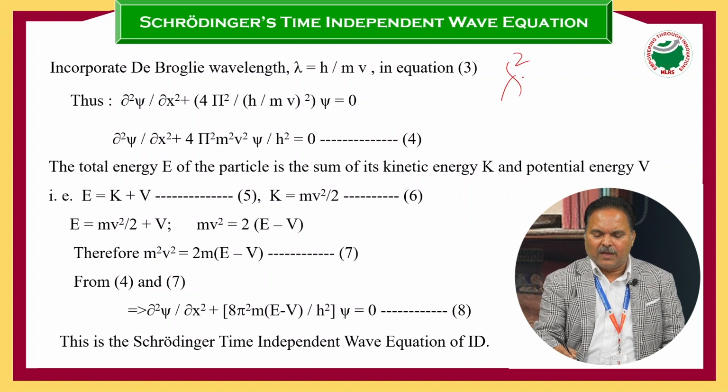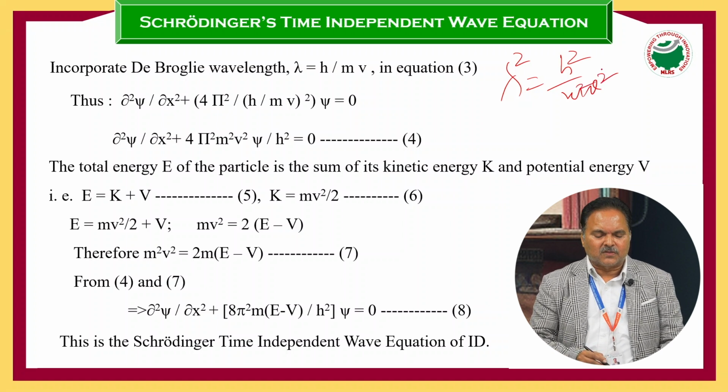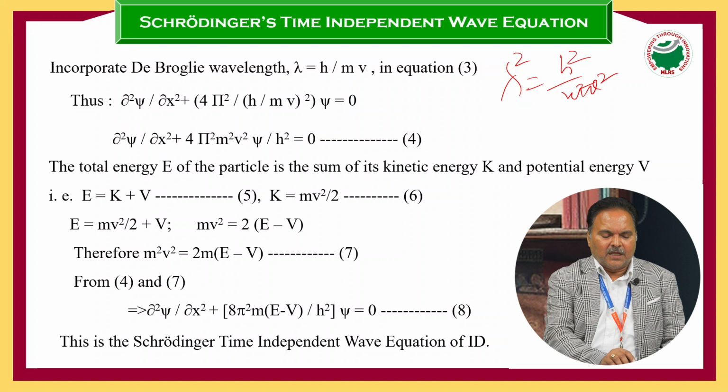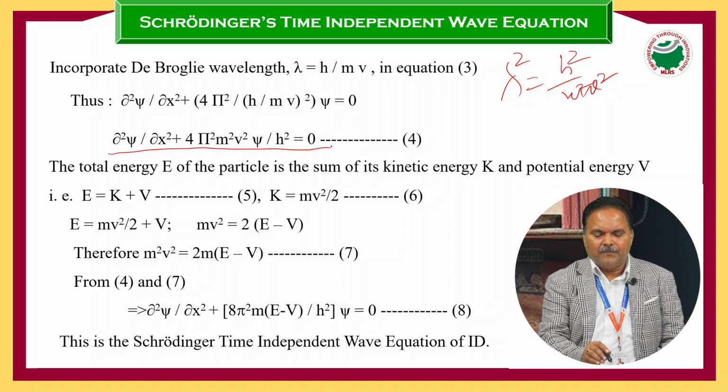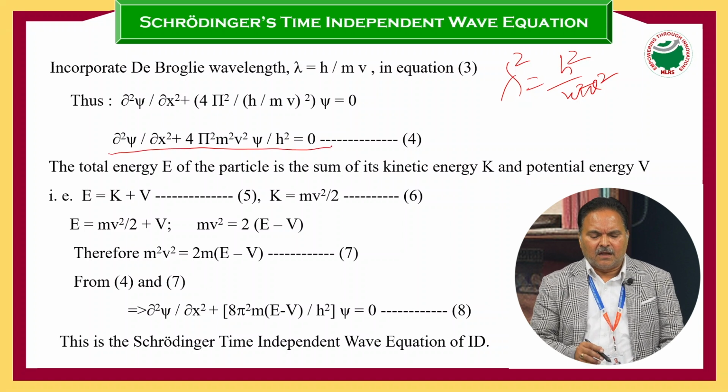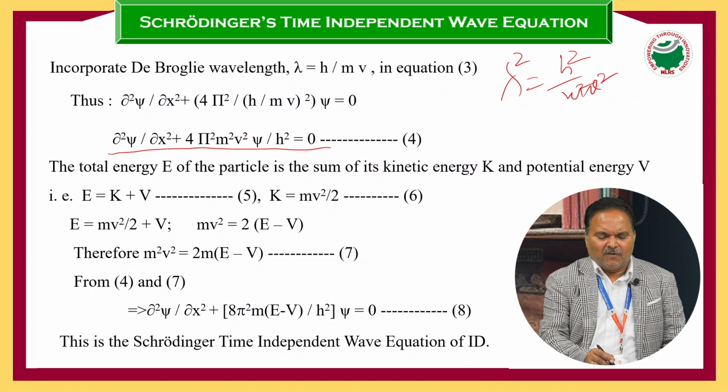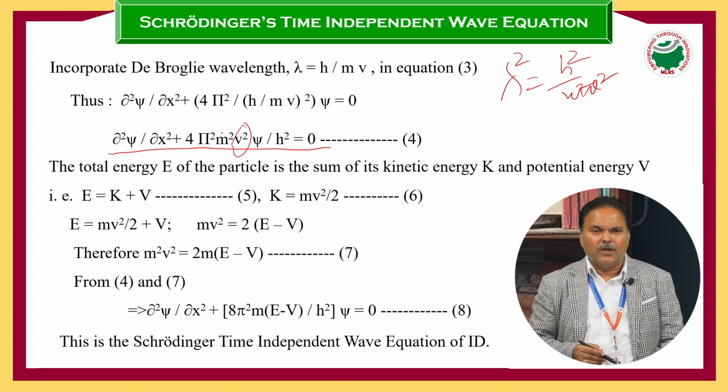So lambda square is equal to h square by m square v square. Substituting that value, the equation becomes dou square psi by dou x square plus 4 pi square m square v square psi divided by h square is equal to 0. Once again the velocity term has come into the picture.